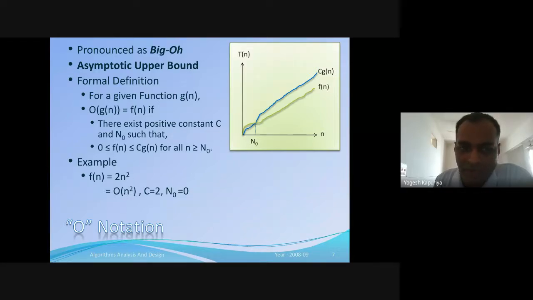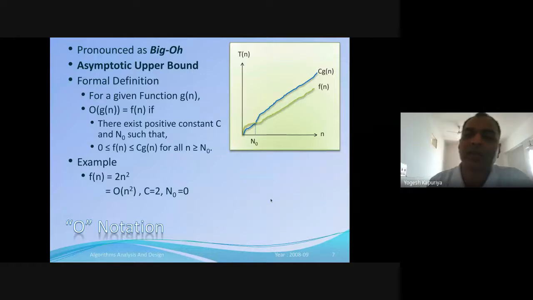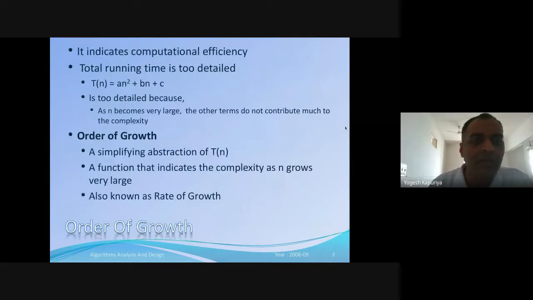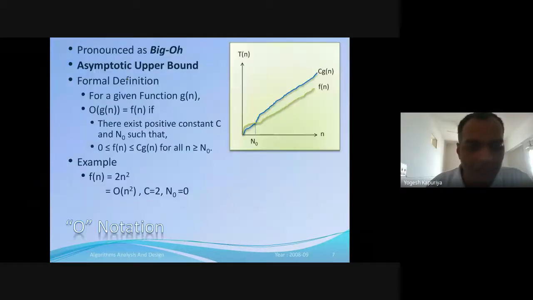So if you have big O of n square on one side and big O of n on the other side, then you can say that big O of n square is always going to be greater than big O of n. So the algorithm with this time complexity is always going to consume more time compared to big O of n. The objective is to compare algorithms, and for that we are converting a detailed equation like this into a simpler and more compact one, big O of n square. Let us discuss one more example.